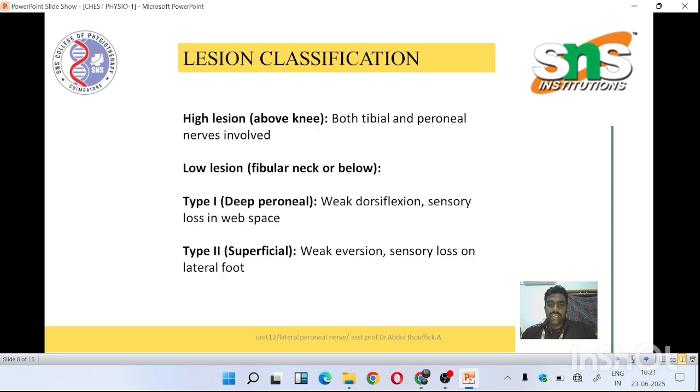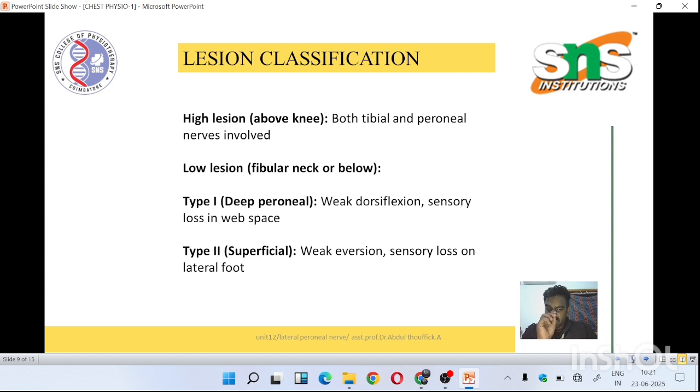When you come to the lesions, we can classify them into high lesions and low lesions. High level lesions involve both tibial and peroneal nerves, usually above the knee. The low level lesions are usually at the fibular neck. The low level lesions are further divided into two types: type 1 is deep peroneal nerve and type 2 is superficial peroneal nerve. Deep peroneal nerve lesions present with weak dorsiflexion and web space sensory loss.